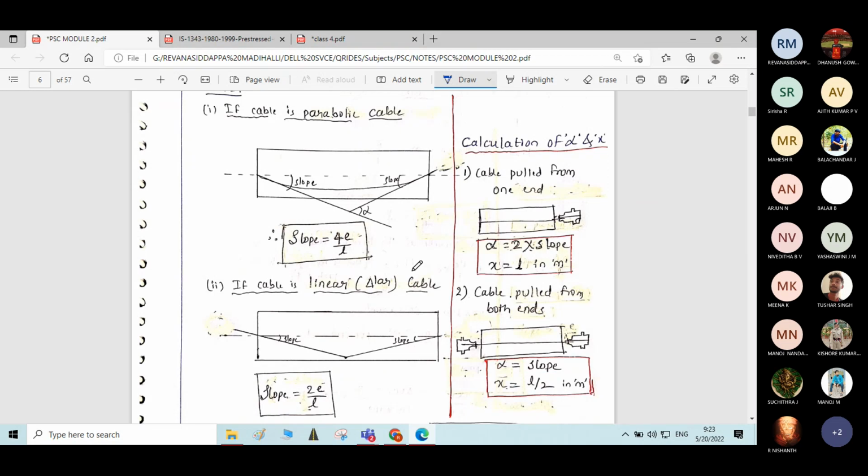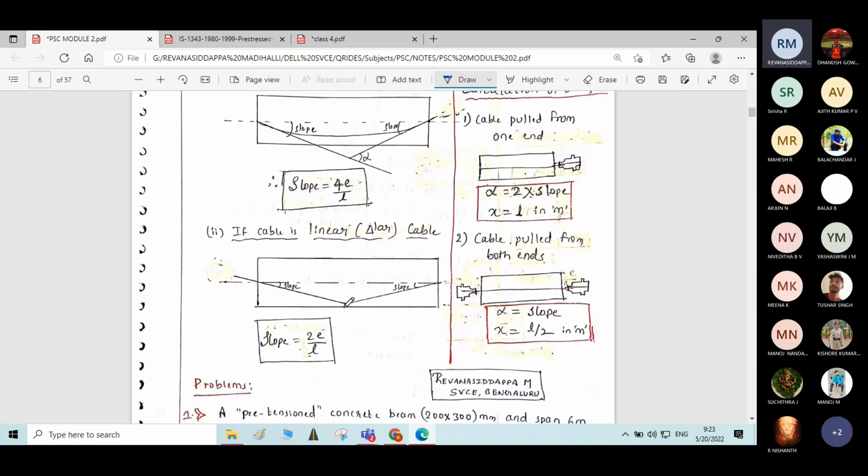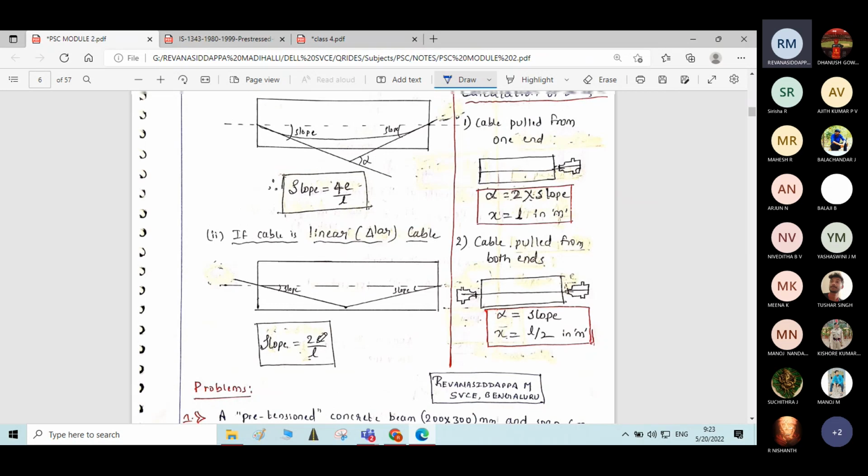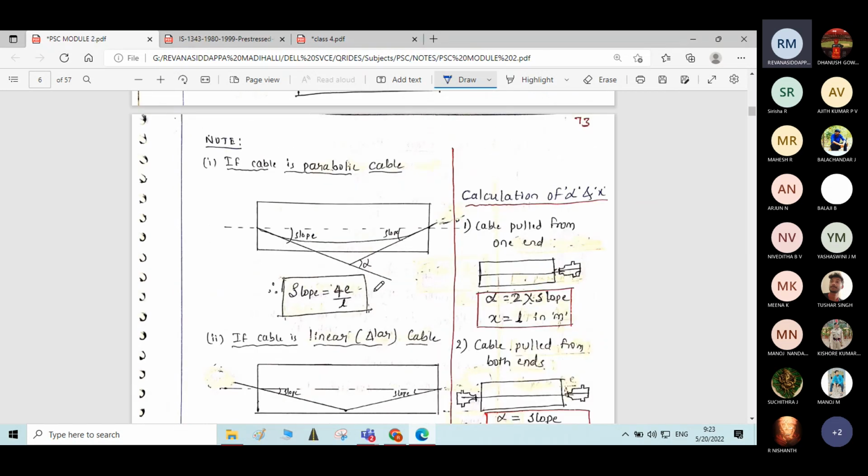Initially we have to calculate the slope, and the formula for the slope will vary depending upon the cable profile, as I explained in the previous class. For parabolic cable, the slope is calculated as 4e by L, and for linear cable, slope is calculated as 2e by L. So here we have the parabolic cable in the problem.